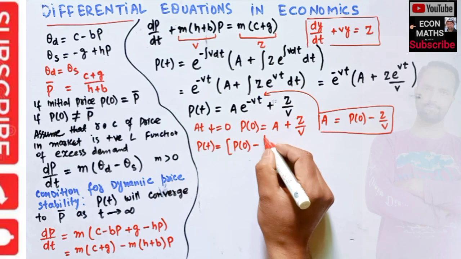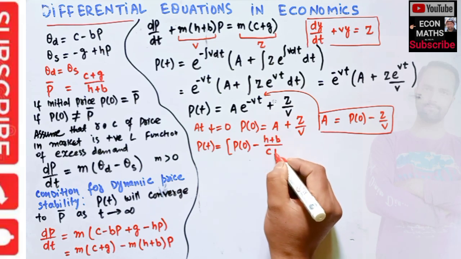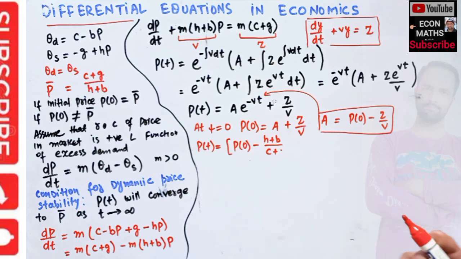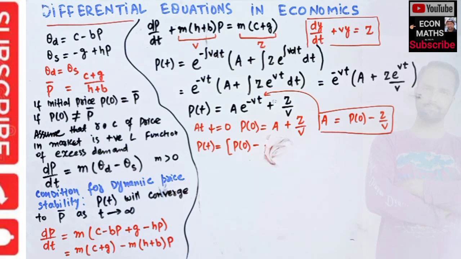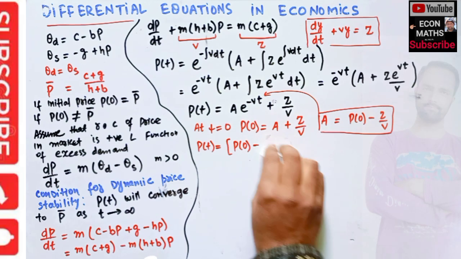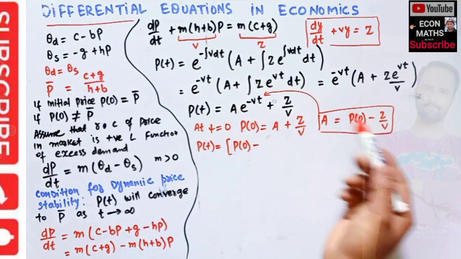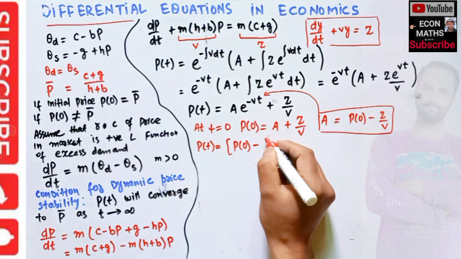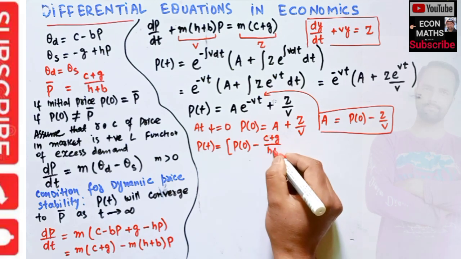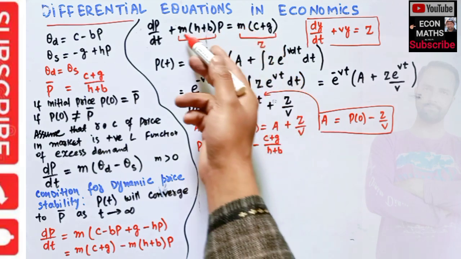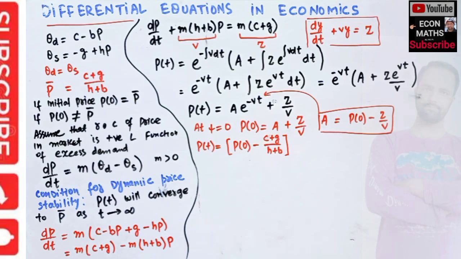Sorry, we have z as this, c plus g. Okay, so in place of z we have c plus g upon h plus b. Here we have m and m, and m will get cancelled. I don't have a lot of space here to show that very stuff.